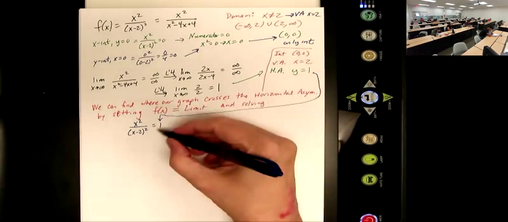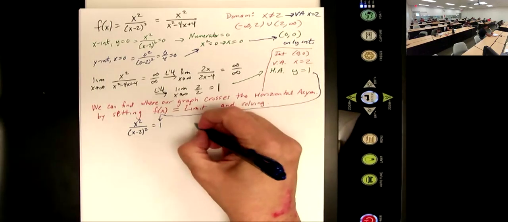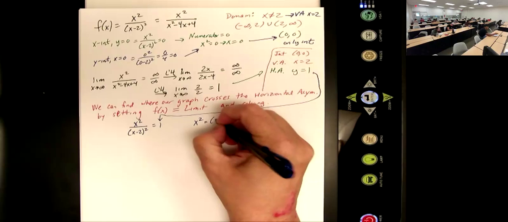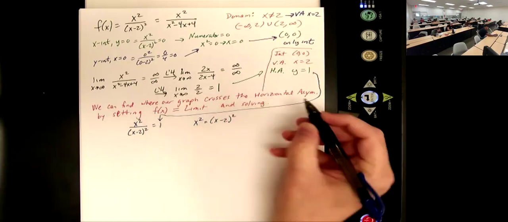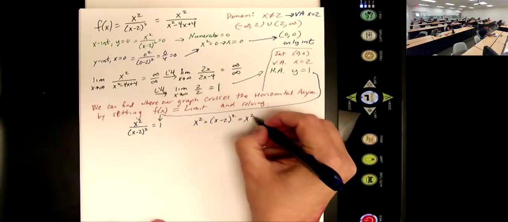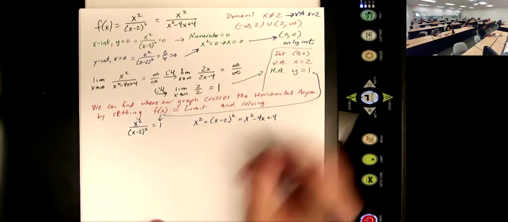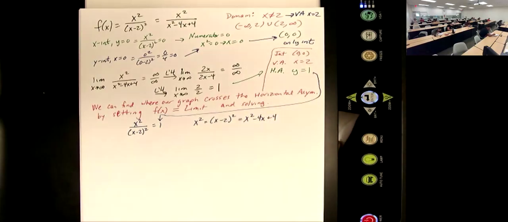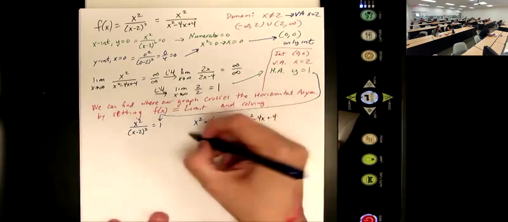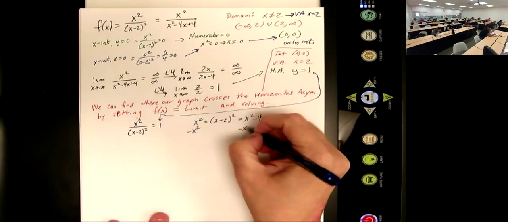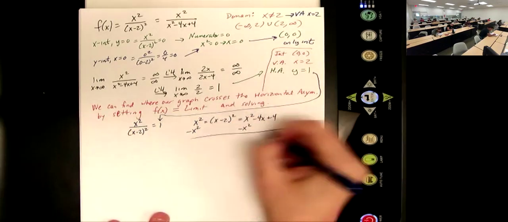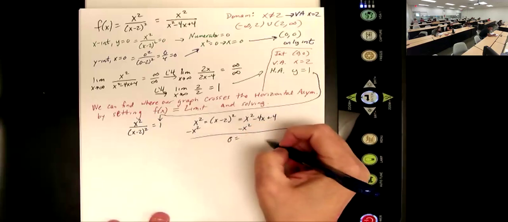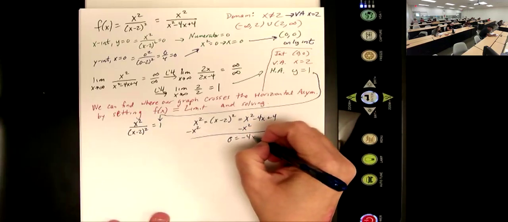Well, we're gonna multiply, we get x squared equals x minus 2 squared, which was x squared minus 4x plus 4. If I subtract x squared from both sides, I get 0 equals negative 4x plus 4.